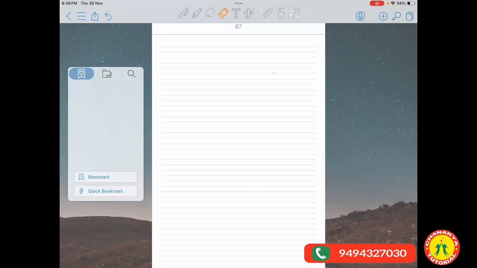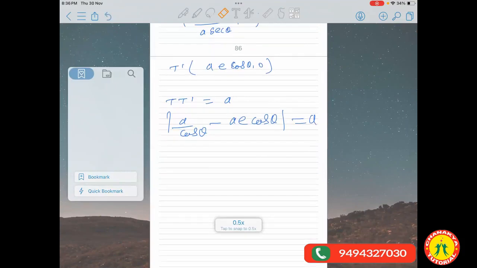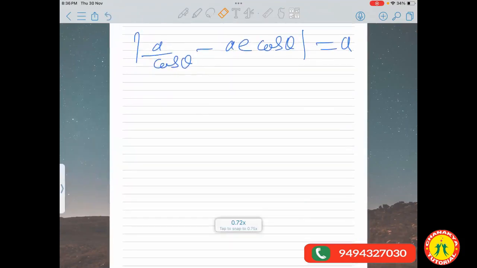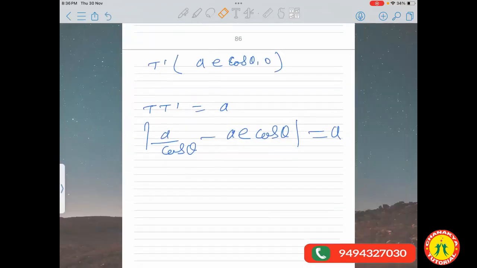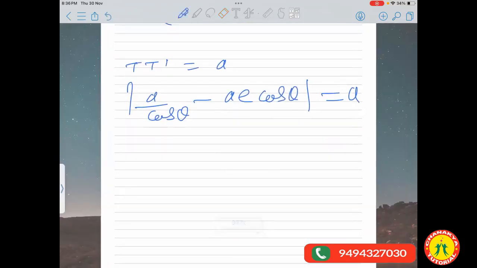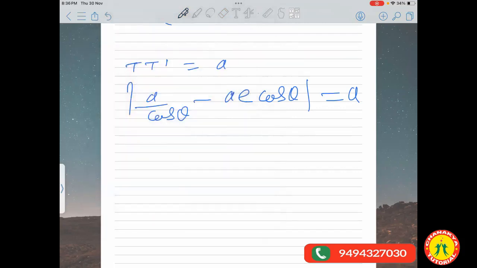You can see the recorded lectures about circle, parabola, ellipse, right? Also by Maxwell theorem. If you feel you require it, you can see.